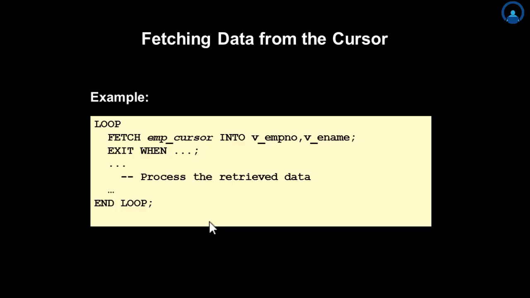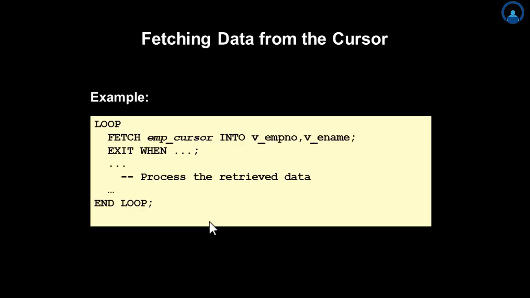You can write the cursor as SET SERVEROUTPUT ON DECLARE v_empno of type employees.employee_id%TYPE, v_ename of type employees.last_name%TYPE. Cursor emp_cursor is SELECT employee_id, last_name FROM employees.